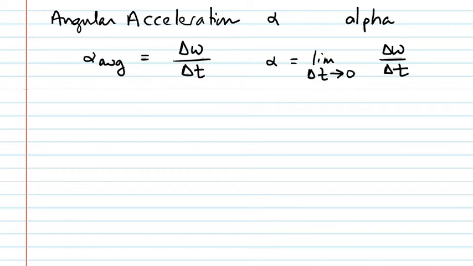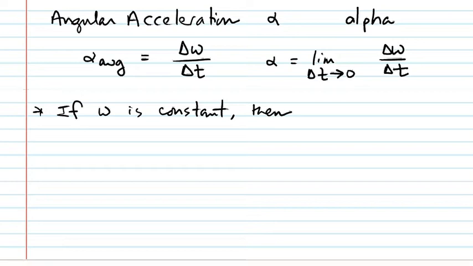Might be nice to get one more equation out of this. So these are really definitions, but if omega is constant, then, well, constant angular velocity, so it's really not speeding up or slowing down, it's continuing at the same rate.